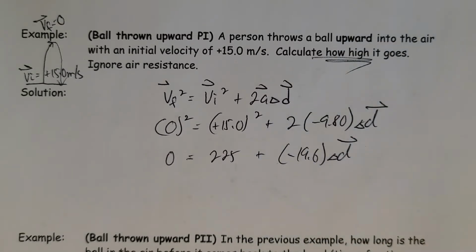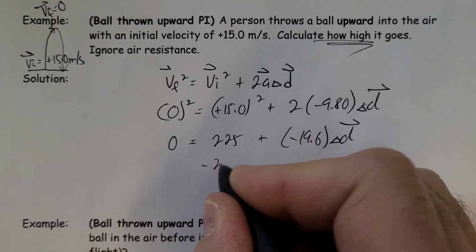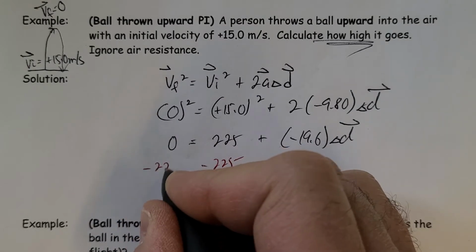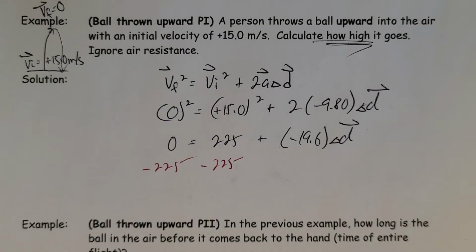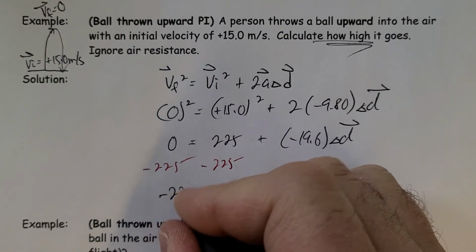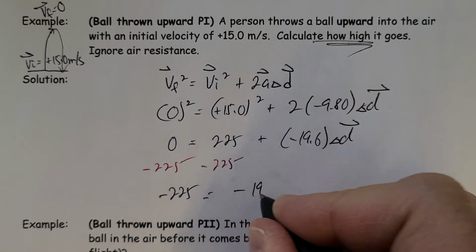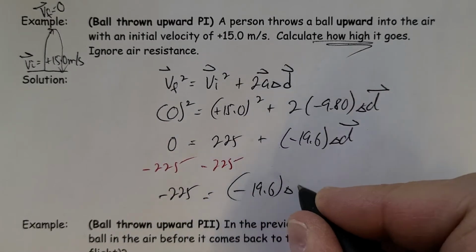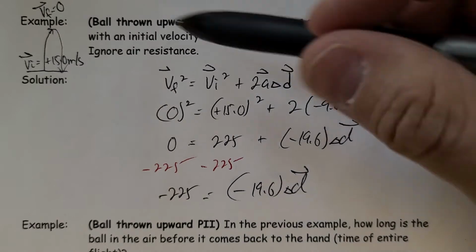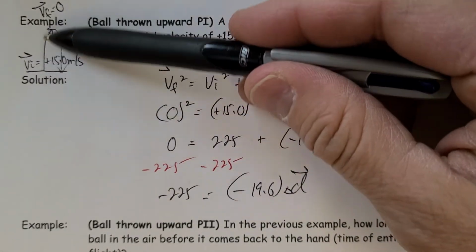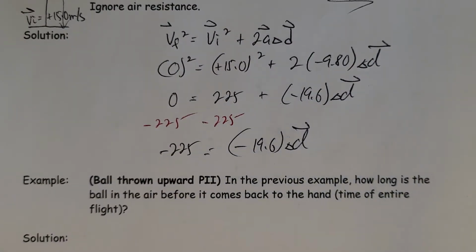Okay, so rearranging this equation, be careful. Subtract 225, subtract 225. So we'll get negative 225 is equal to negative 19.6 D. Hey, this makes sense. I'm going to get a positive result, which makes sense because my displacement is in the positive area.